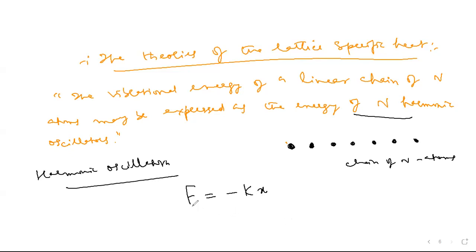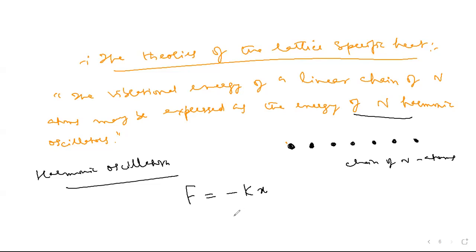This equation says that this force is a restoring force. It has tendency to restore the oscillator to equilibrium position because force at equilibrium position is zero. And this force is directly proportional to displacement from the mean position, and it is oppositely directed to it as it is minus here. So if oscillator moves to the right, force acts to restore it to the left, and if it moves to the left, the force acts on it towards right.